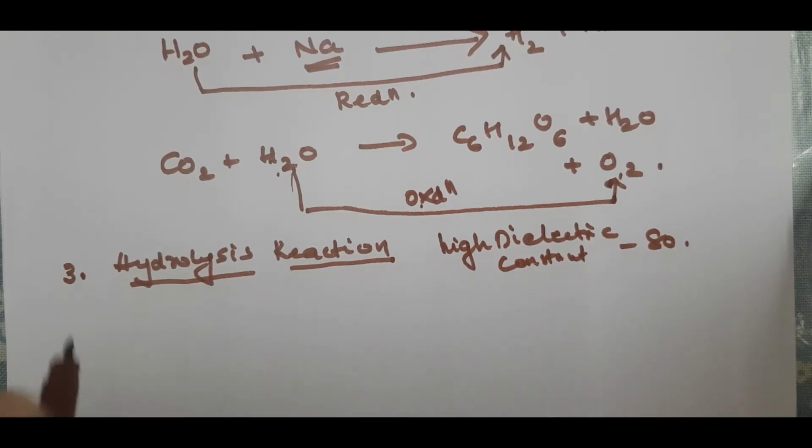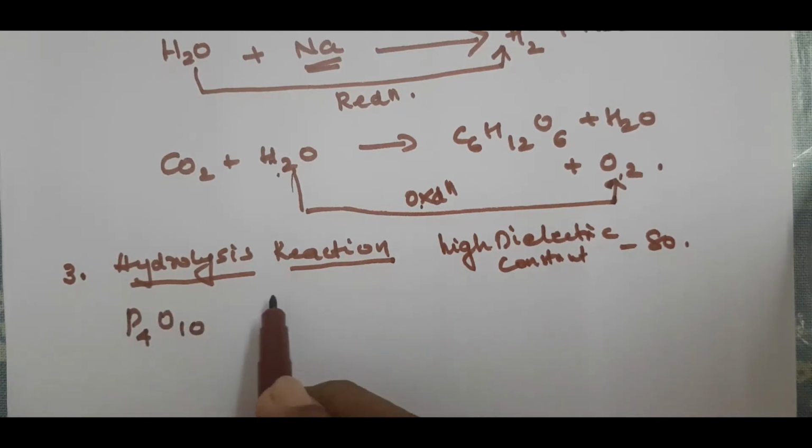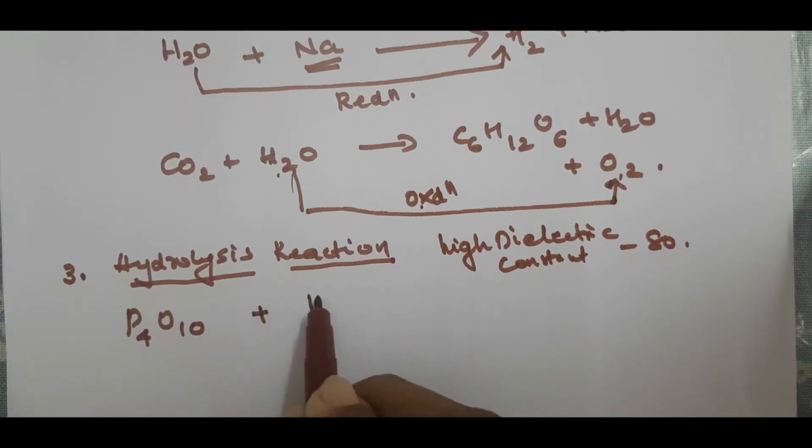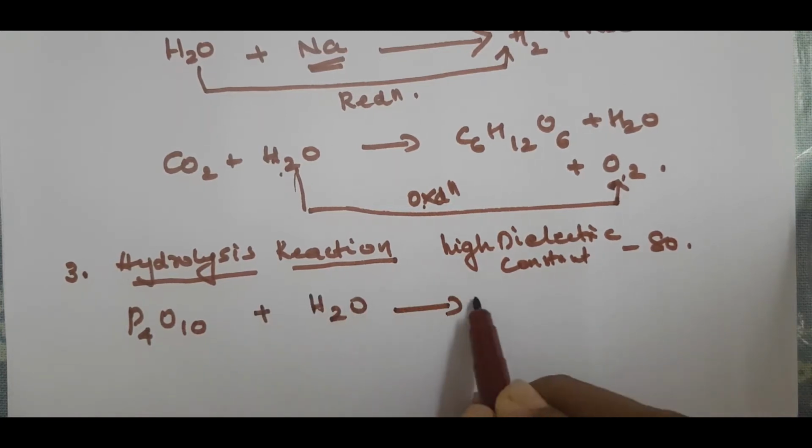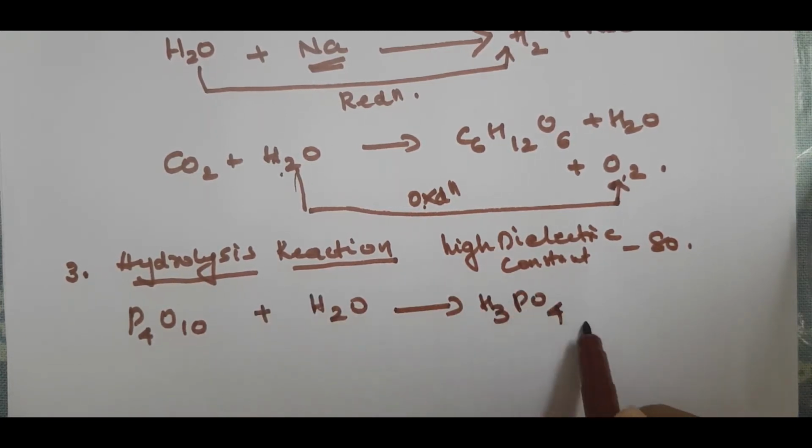For example, in the case of P4O10, phosphorus pentoxide, plus water will give you phosphoric acid. So it can react with water and form the acid. Or SiCl4, silicon chloride, that's a covalent compound.